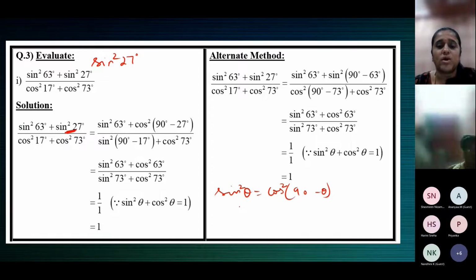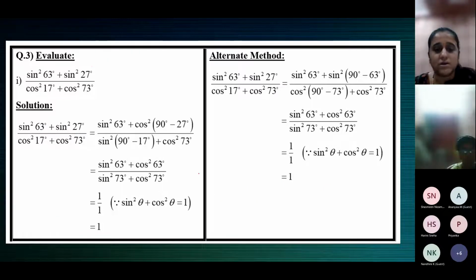What is the rule? Sine square theta is equal to cos square 90 minus theta. Let me write it below this. One minute. So we are using the rule sine square theta is equal to cos square 90 minus theta.